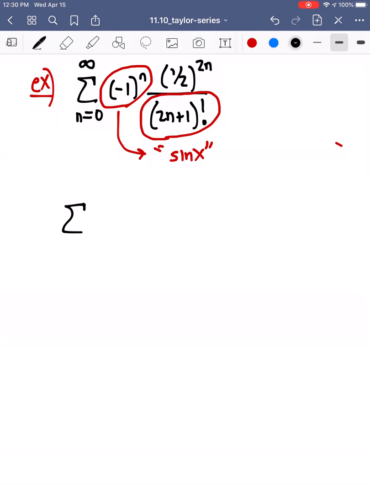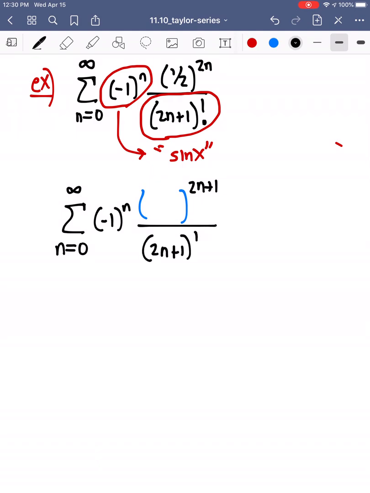If we remember what sine is, it's a series from n equals 0 to infinity, minus 1 to the nth power, of some quantity being raised to the 2n plus 1, all over 2n plus 1 factorial. And the series that we're given has that minus 1 to the n. It also has that 2n plus 1 factorial.